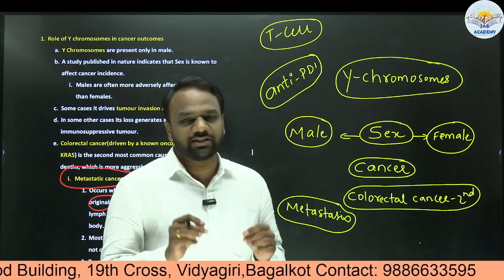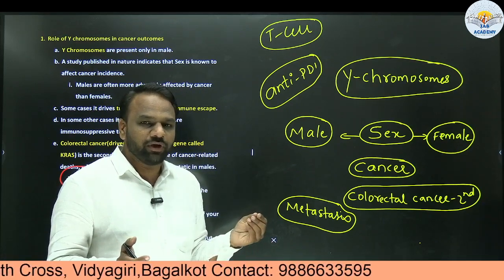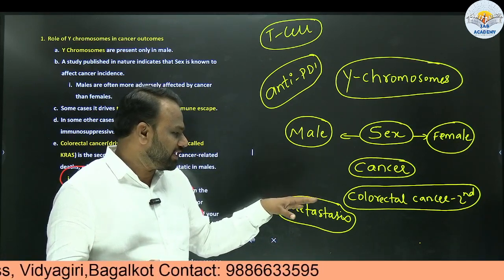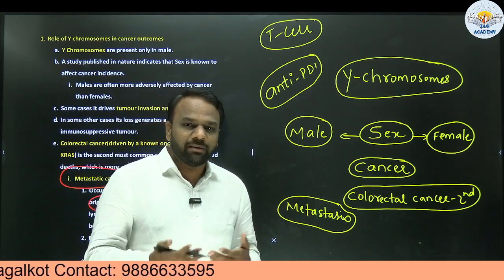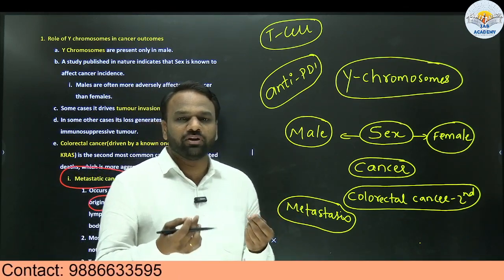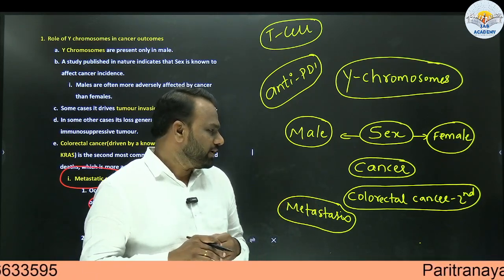That is called metastatic cancer. Not all cancers are metastatic, but a few cancers are. In this context, this term has appeared, so we need to know its meaning. Many times in UPSC, they will ask the meaning of the term. So what is metastatic cancer? We need to know its meaning.